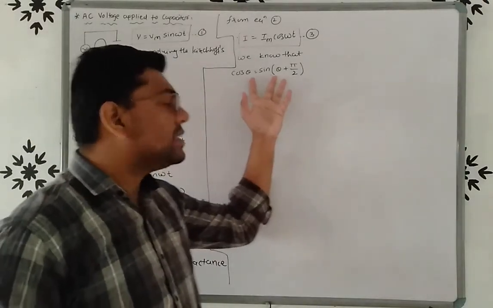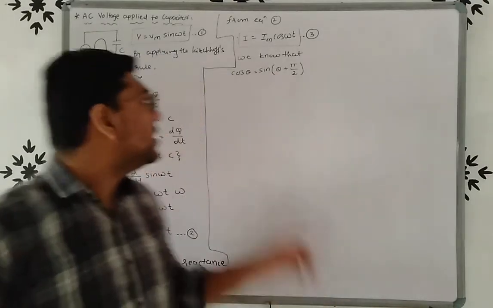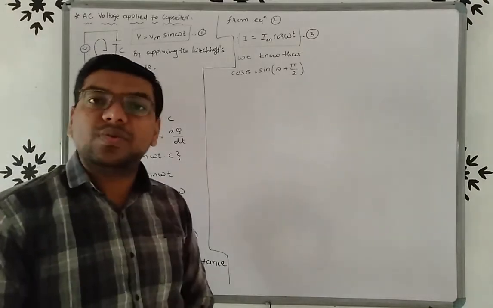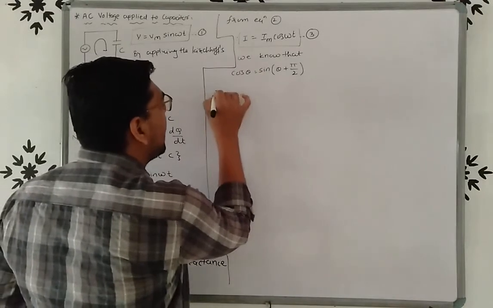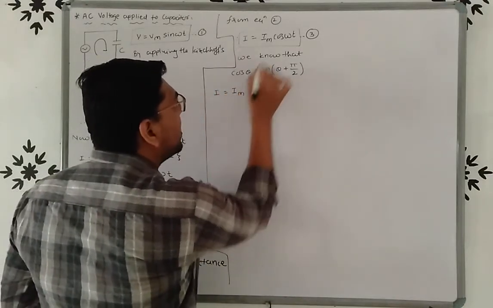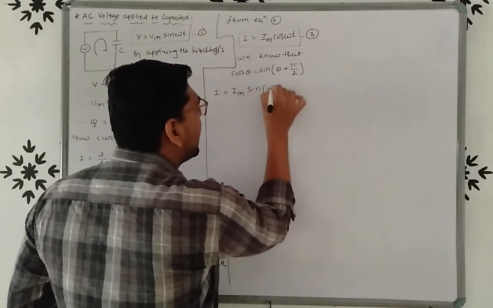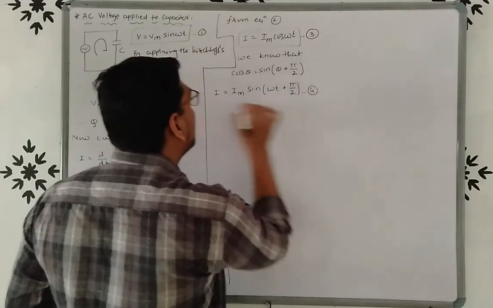You already studied this concept in standard 10. So here we can write this equation of current I is equals to Im sin omega t plus pi by 2, that is equation 4, right?